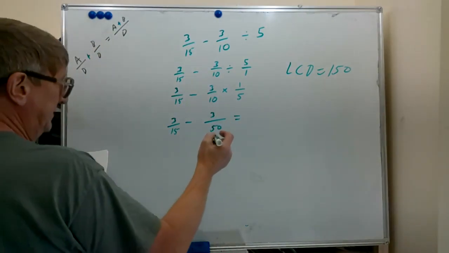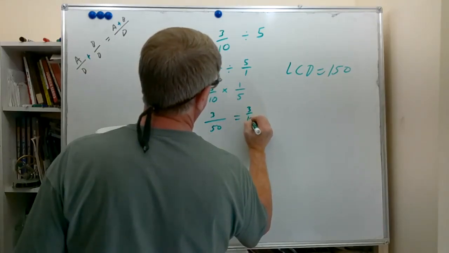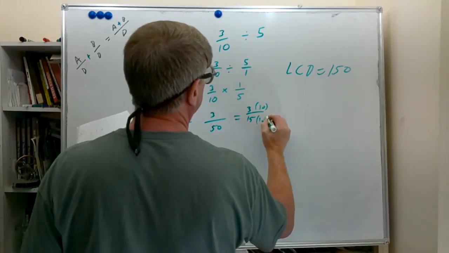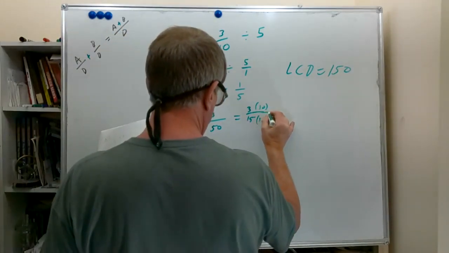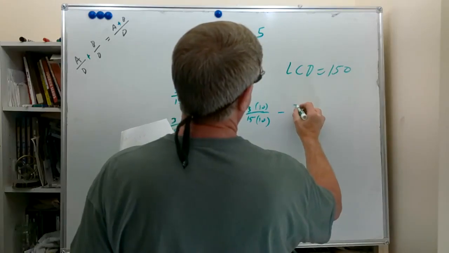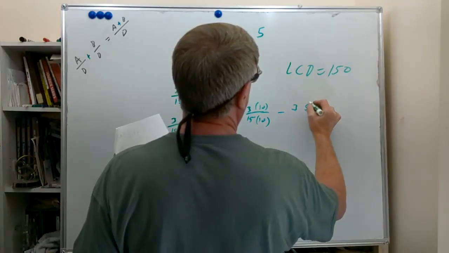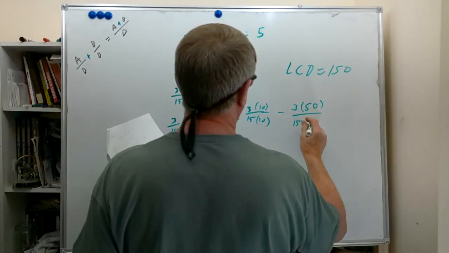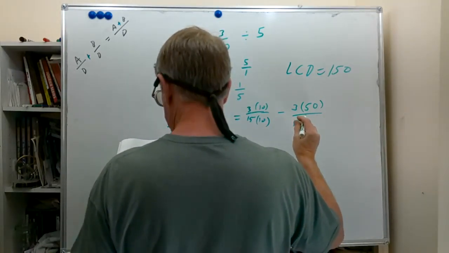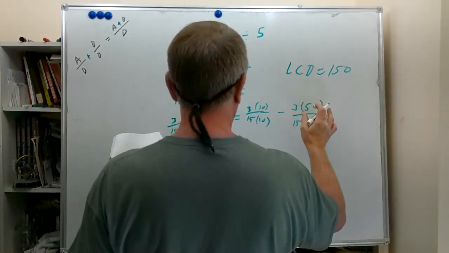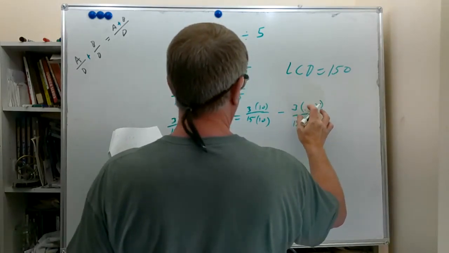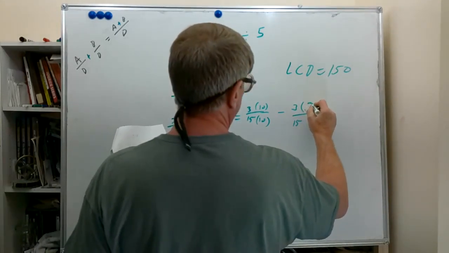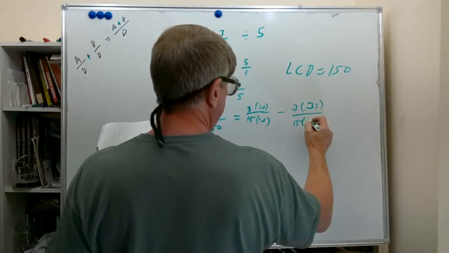So let's do that. 3/15 by 10 over 10, minus 3 over 50 times 3 over 3.